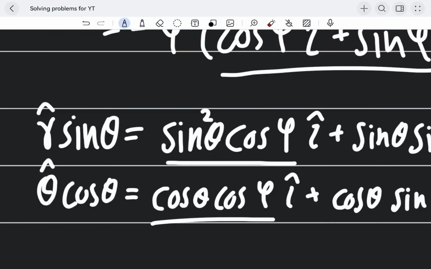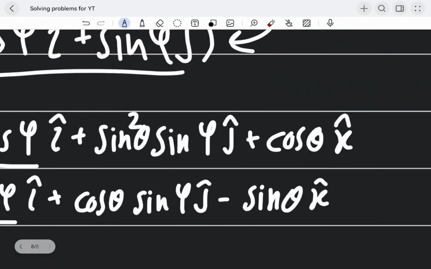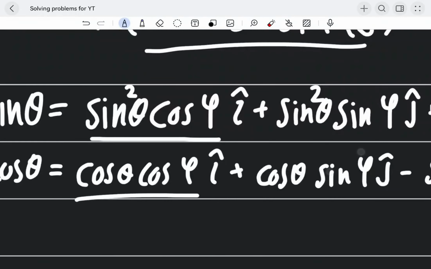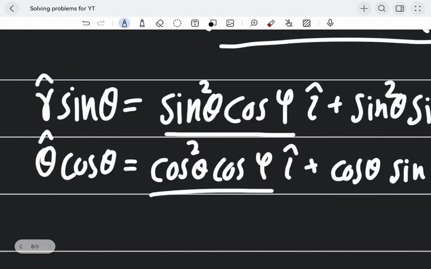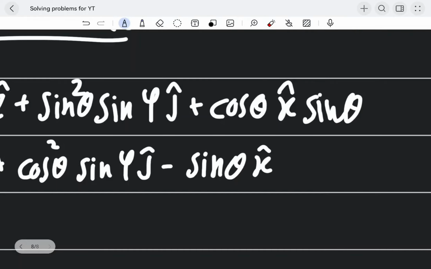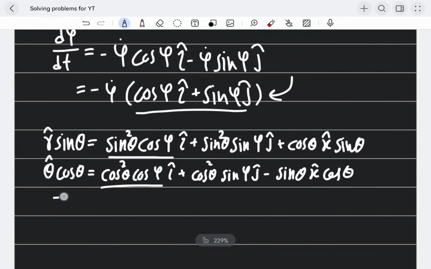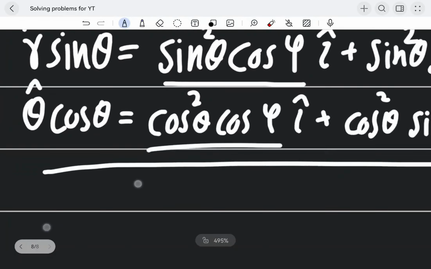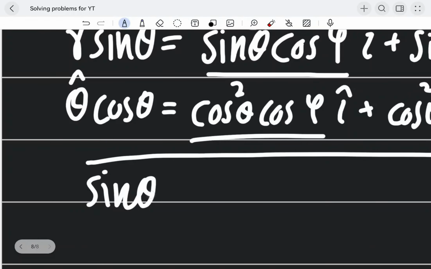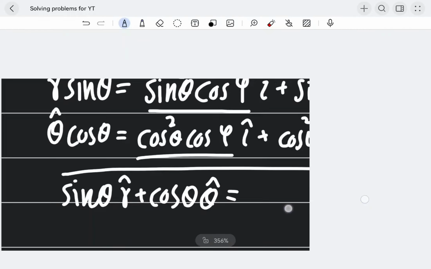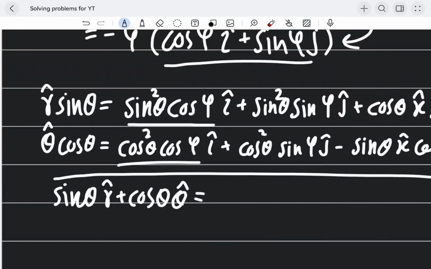So this will be sine squared theta, and this will be cosine squared theta. We sum them both. So sine theta r hat plus cosine theta theta hat equals: these two we can take cosine phi as a common factor, and we will be left with sine squared theta plus cosine squared theta, which is just 1.